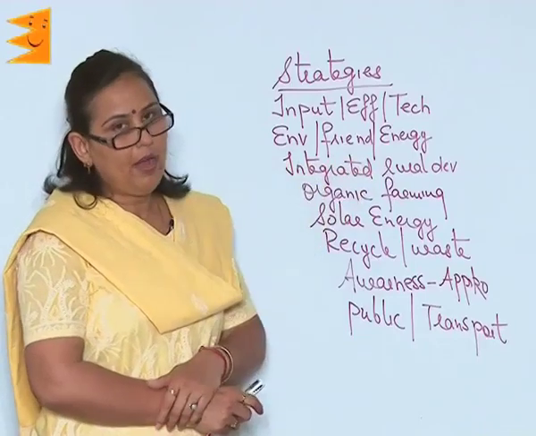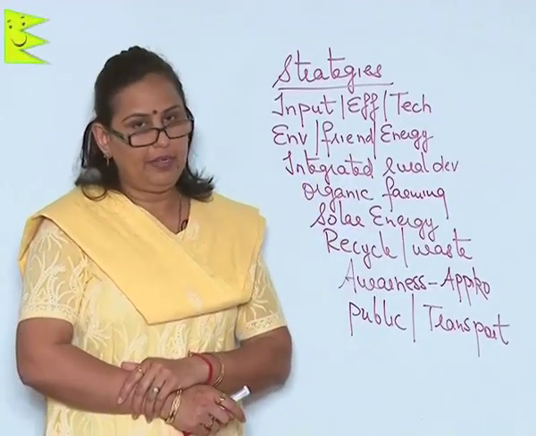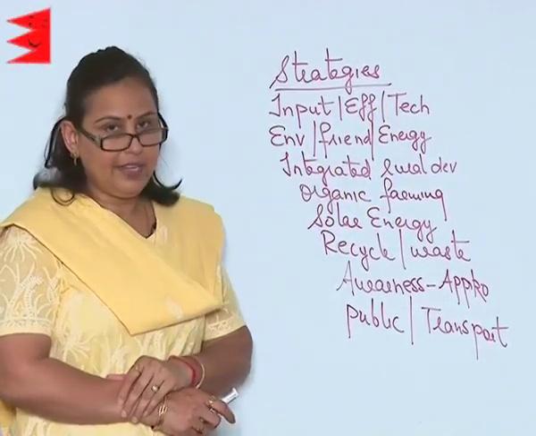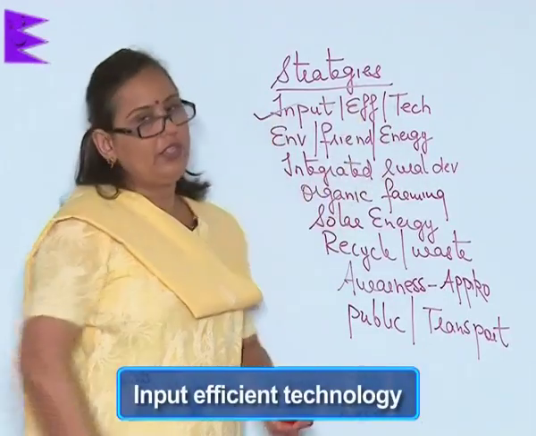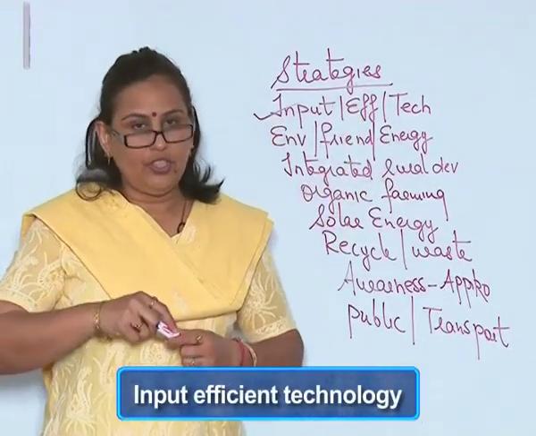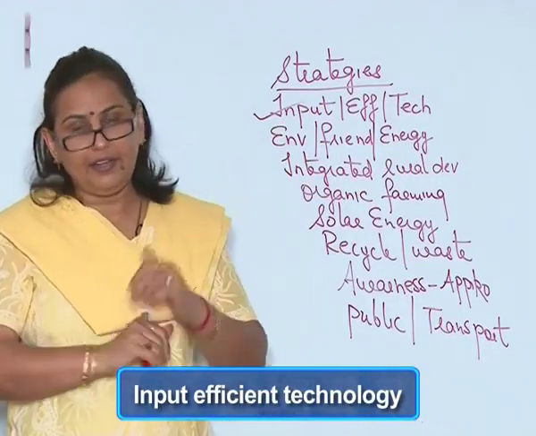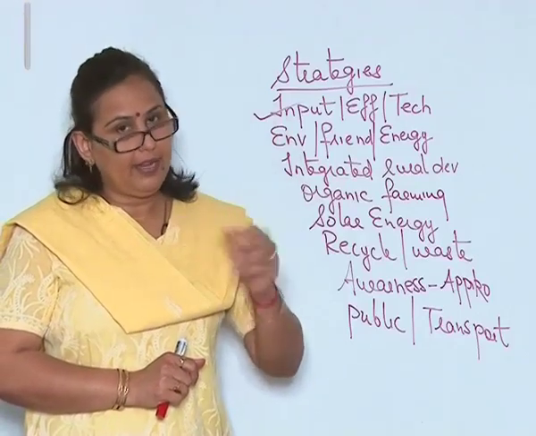Now let me talk about the strategies of sustainable development. As far as the strategies are concerned, the first thing is we need to have input efficient technology. That is technology which can produce more by using lesser energy. So thus the pressure on the environment will be less.